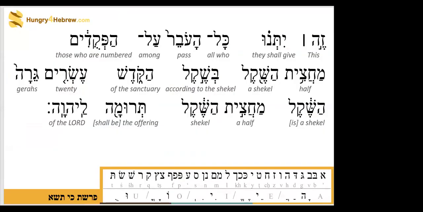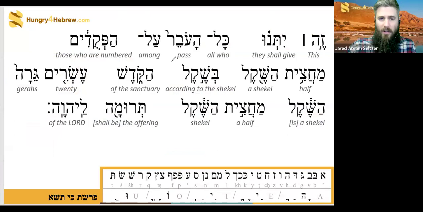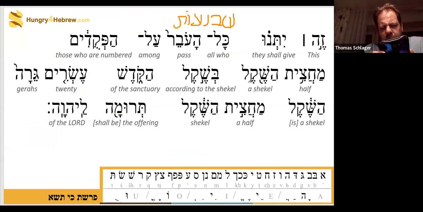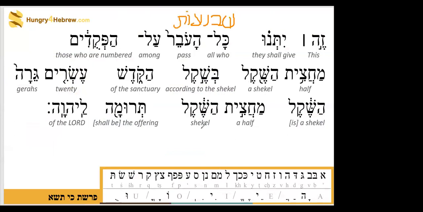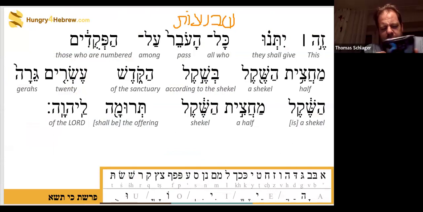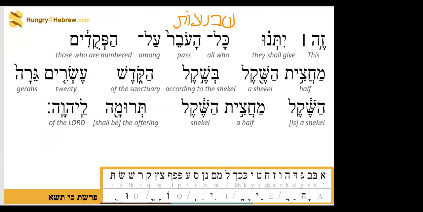Feast of weeks is Shavuot, exactly. Weeks, Shavuot. A Shavua is a week, so Shavuot is weeks. And that's what the Feast of Weeks became, Pentecost in the New Testament.